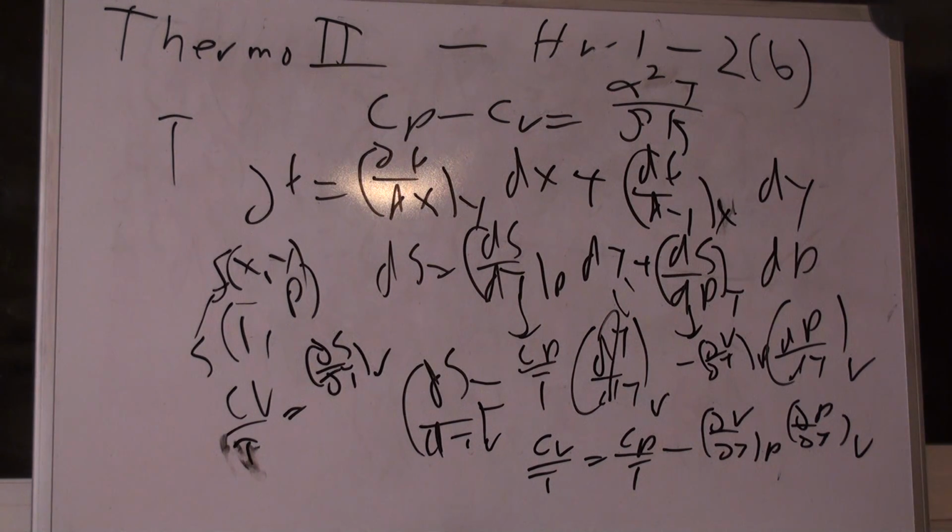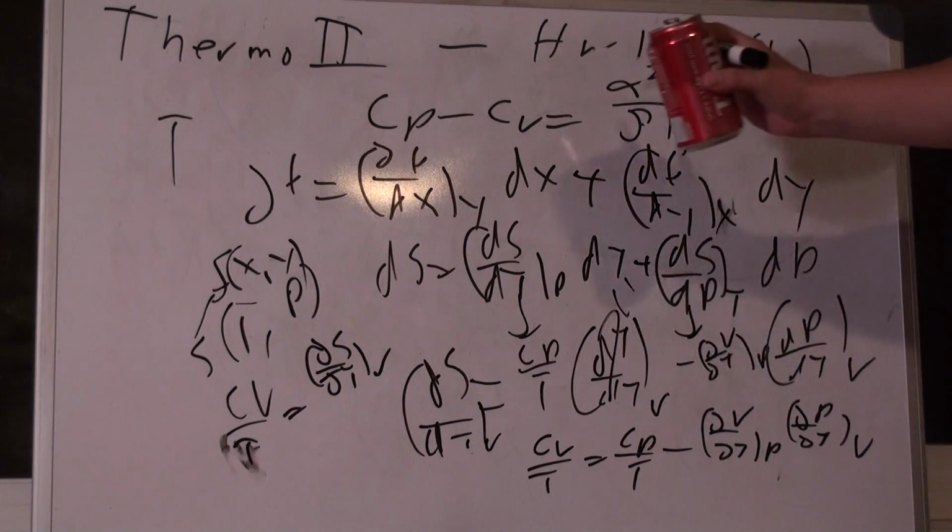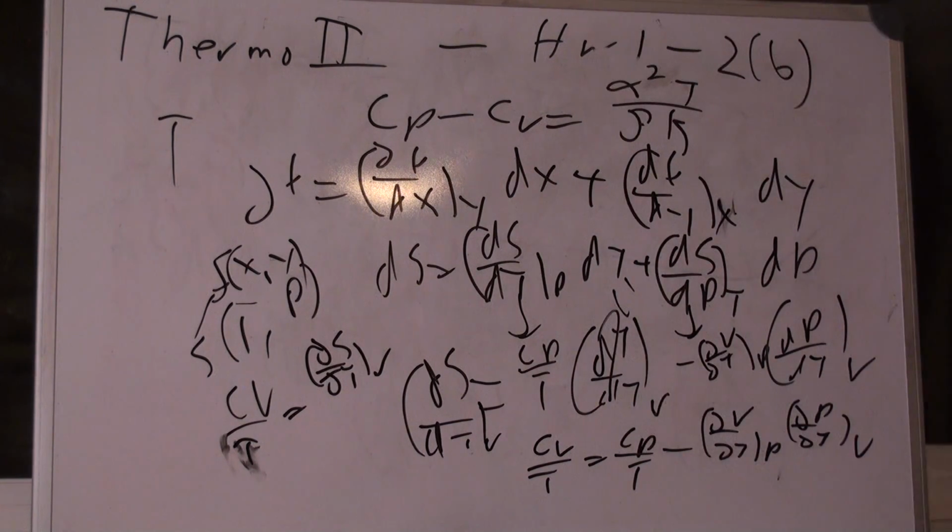One thing I noticed, I need to look at my notes. What is alpha? Alpha, remember, is the thermal expansion coefficient. Some books use alpha, some books use beta, and because I forgot the book at home, I can't remember what Koretsky uses at this moment in time.